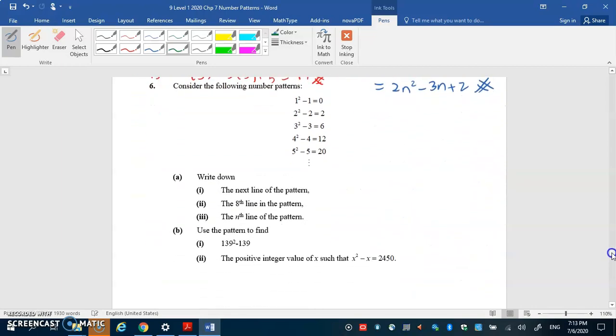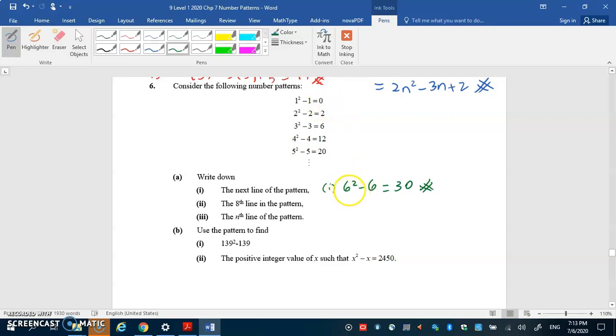Question 6. Consider the following number patterns. 1 squared minus 1 is 0, 2 squared minus 2 is 2, 3 squared minus 3 is 6, 4 squared minus 4 is 12, 5 squared minus 5 is 20. So find the next line. It will be 6 squared minus 6 to give you 30. This is the sixth line, right? The first line is 1 squared minus 1 equals 0.